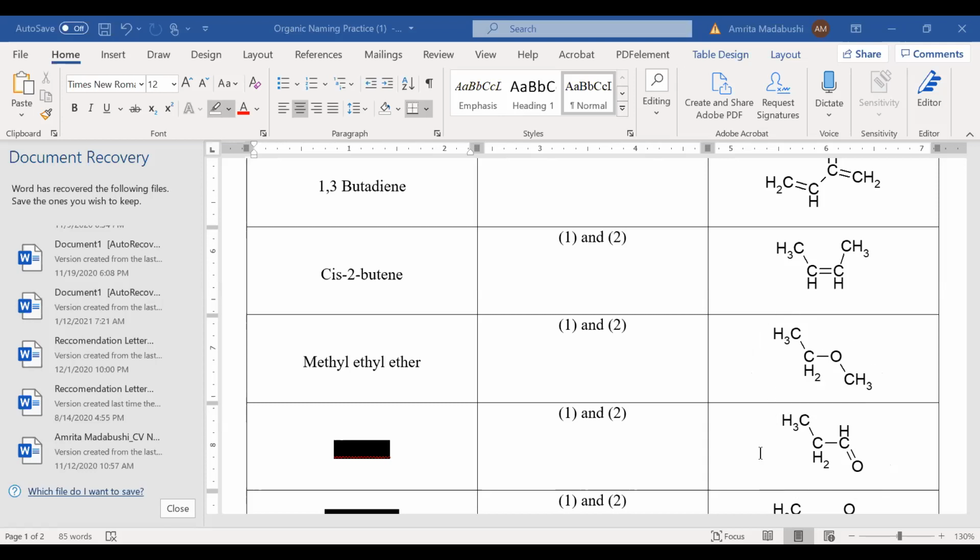Okay, how about this one? The next one should be really easy. I know there were some confusing ones, but this one is really easy. The reason is that you have to recognize here 3 carbons. So what does it start with? Propanol, the pro. And then this one is CHO. What is CHO?